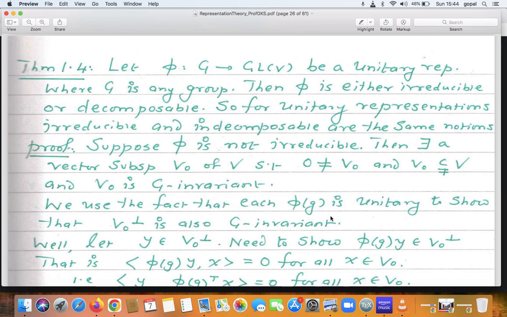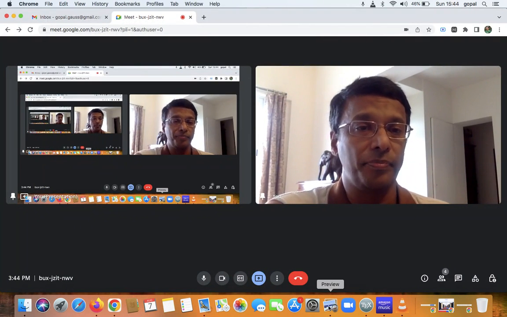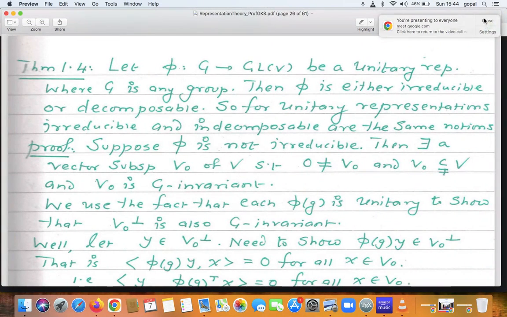Let us take a unitary representation phi from G to GL(V), where G is any group. I'm already telling you that the representation is unitary. I'm not saying the group is compact, non-compact, finite, infinite, nothing. Then phi is either irreducible or decomposable. That is, the problem of decomposability versus irreducibility disappears for unitary representations.